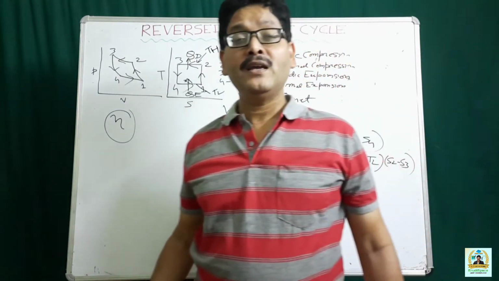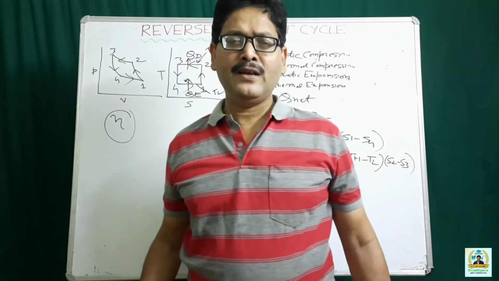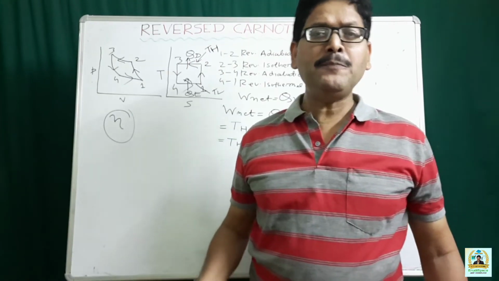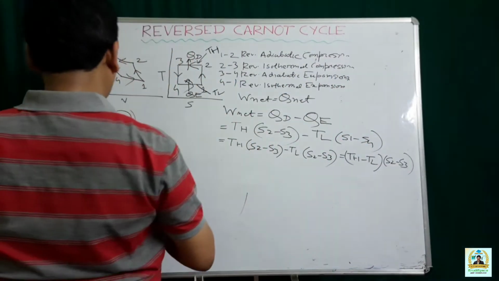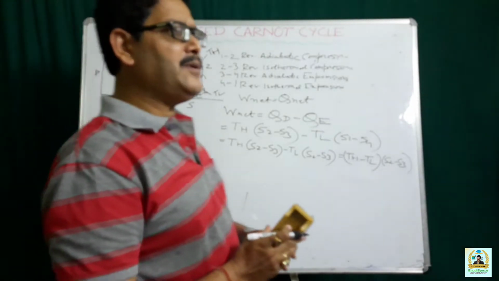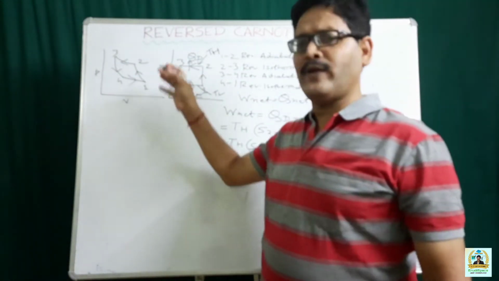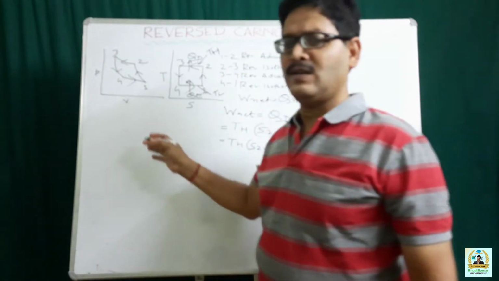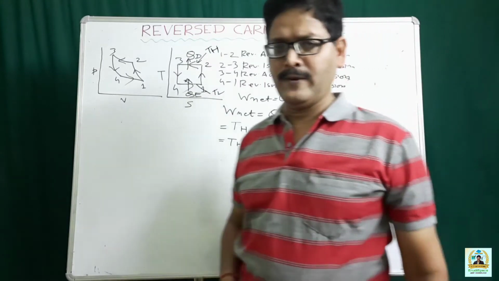It will be COP for the refrigerator and EPR for the heat pump. And the performance parameter depends upon whether we are considering it for a refrigerator or for a heat pump.